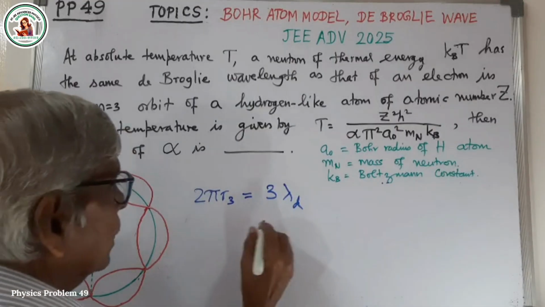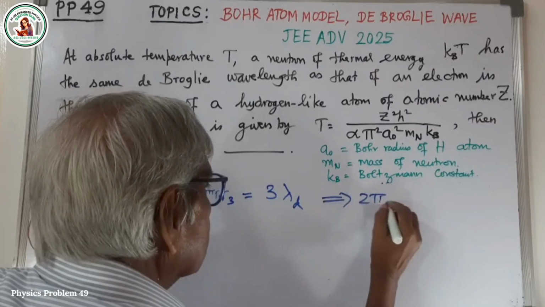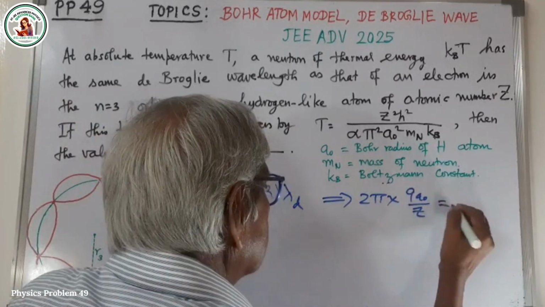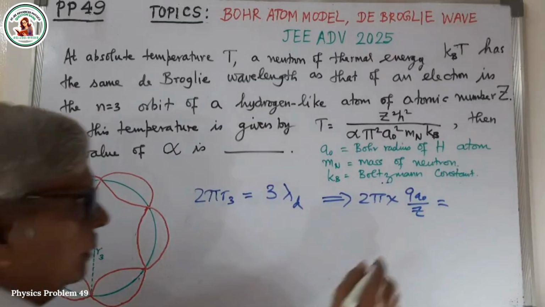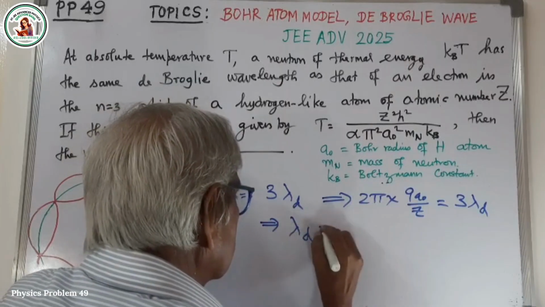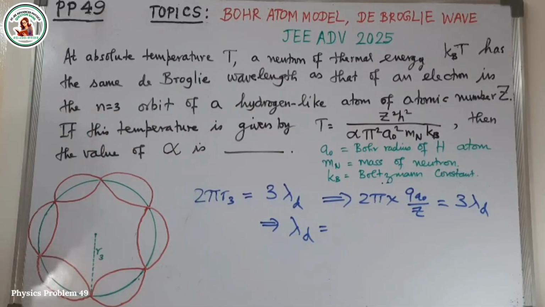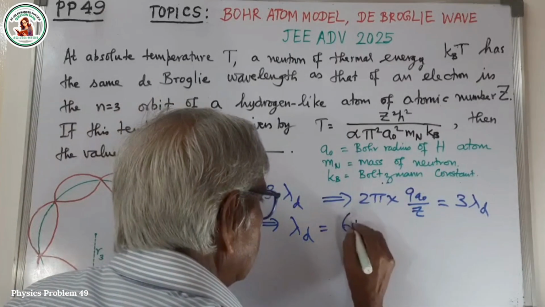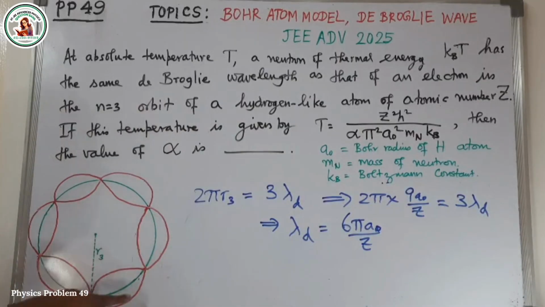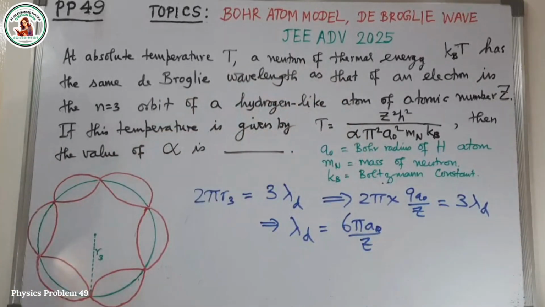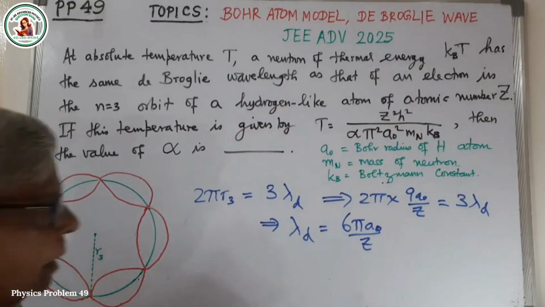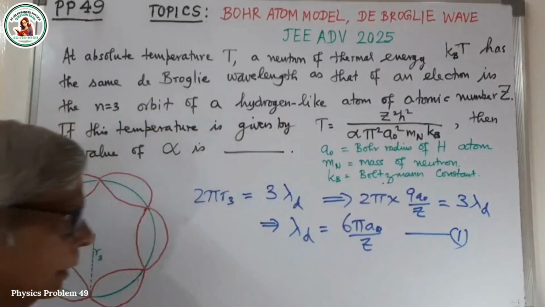Substituting r3, we get 2 pi times 9 a0 by Z, which is equal to 3 lambda d, which implies lambda d is equal to 6 pi a0 by Z. That is the de Broglie wavelength of the electron, which is given to be equal to the de Broglie wavelength of the neutron. I will take this as equation 1.